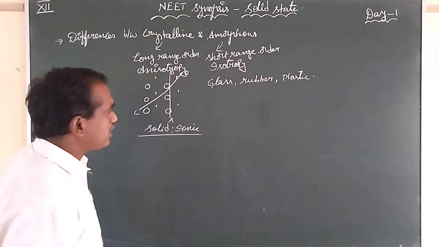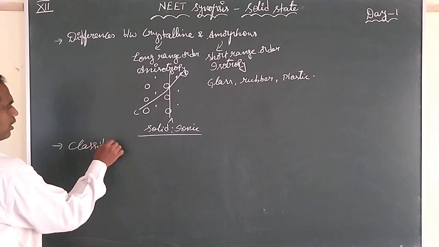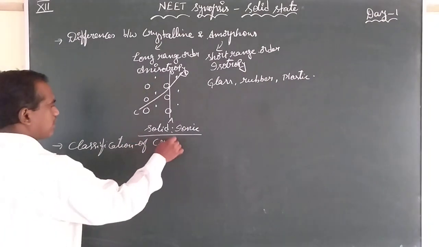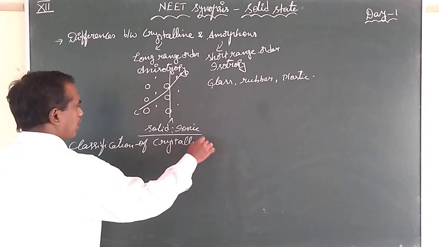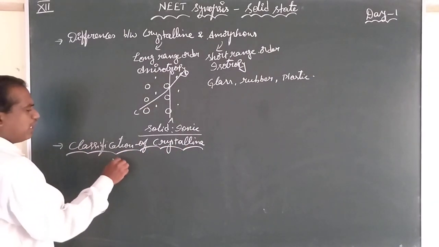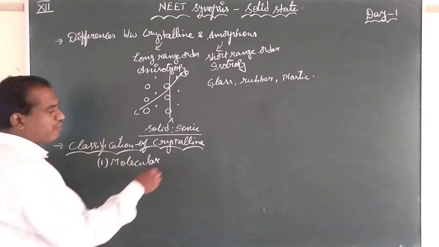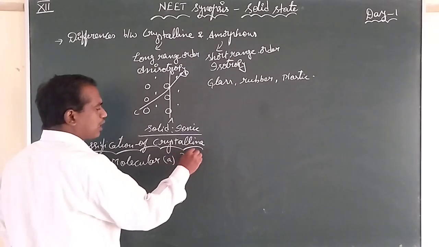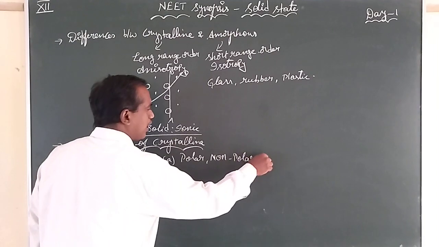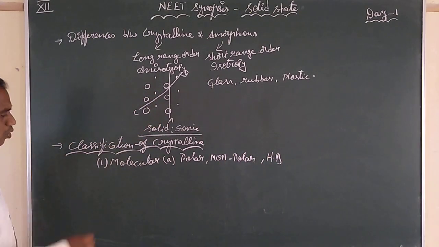Now we are going to see how these crystalline solids are classified. The classification of crystalline solids is given in the textbook in detail. You can please go through this. They are first of all classified as molecular crystalline solids, which have further types: polar molecular solids, non-polar molecular solids, and hydrogen bonded molecular solids.